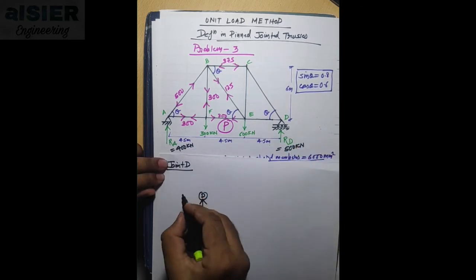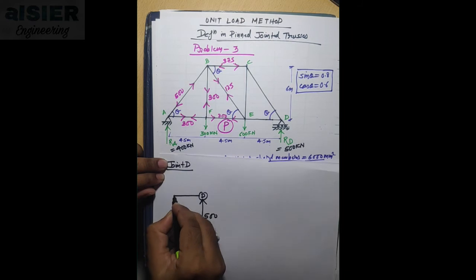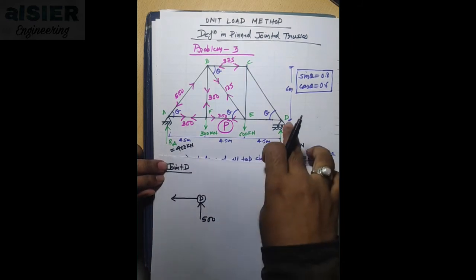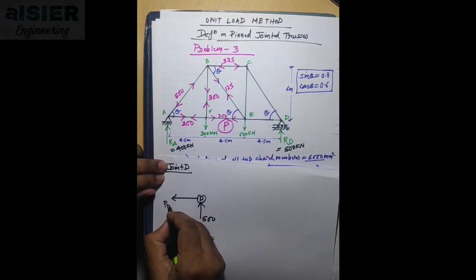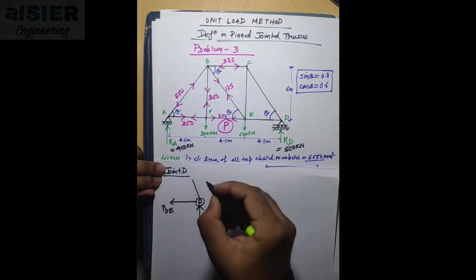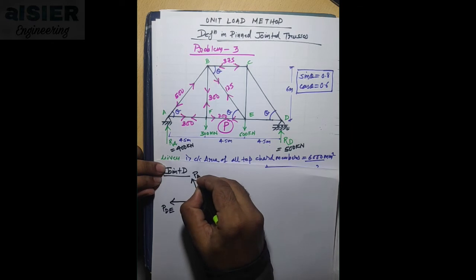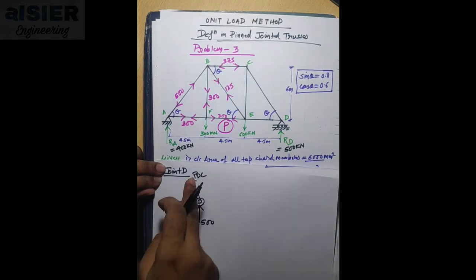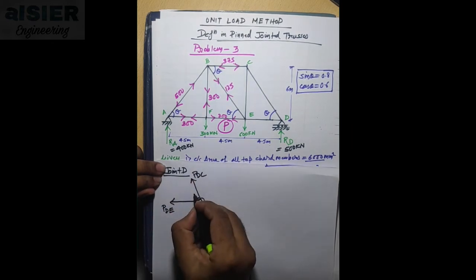Then we don't know this member. Let us say this member is PDE. We also don't know about this member, which is PDC, and we have considered that they are away from joint. There will be two components.